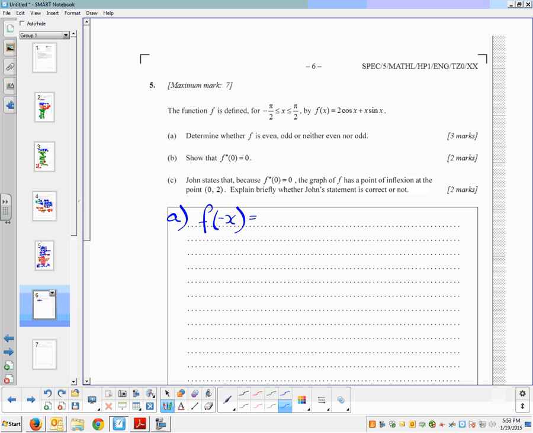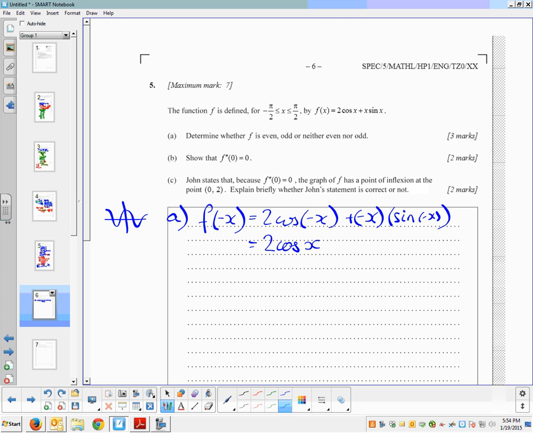So, f of minus x is equal to 2 cos of minus x plus minus x times sine of minus x. Now you should know that cos itself is even. If you think about it, it's symmetrical about the y-axis, like that. So cos of minus x is just equal to cos of x.